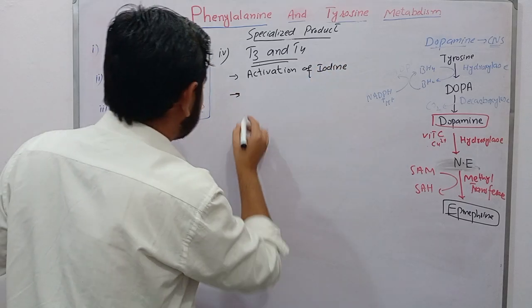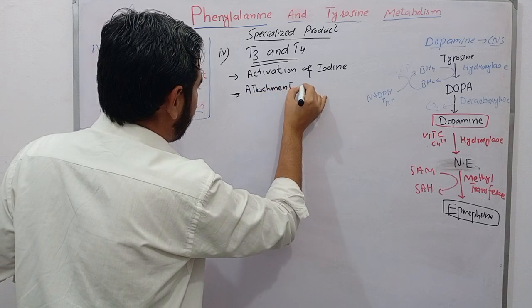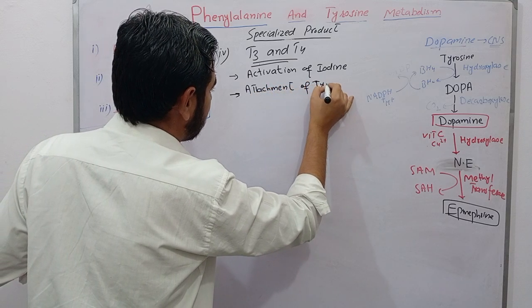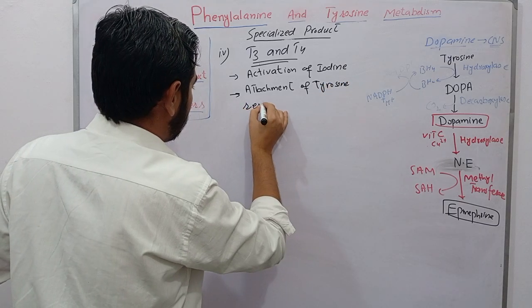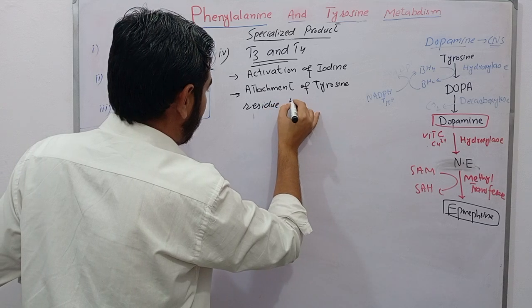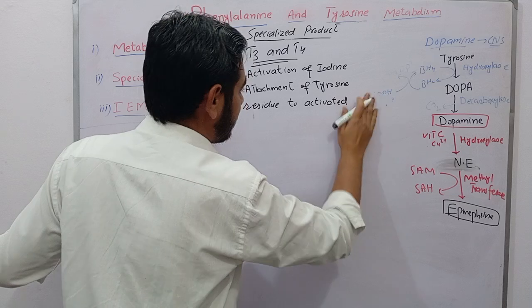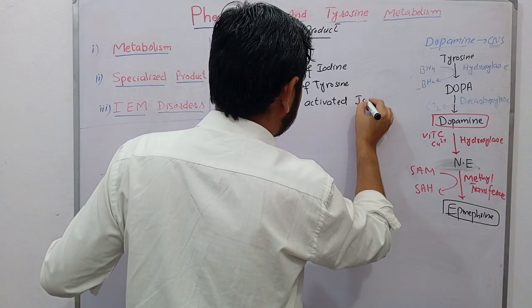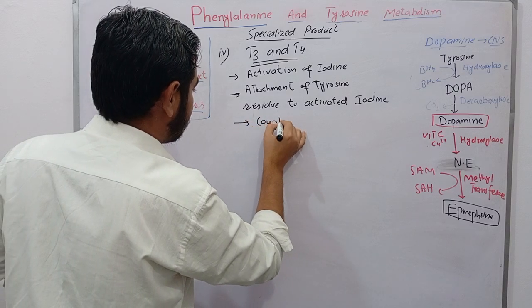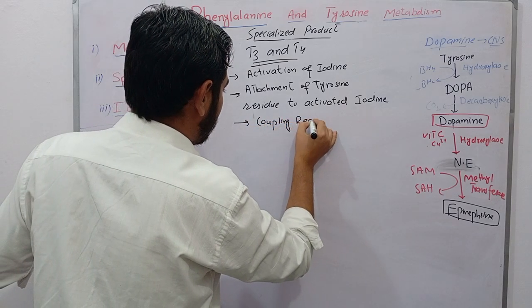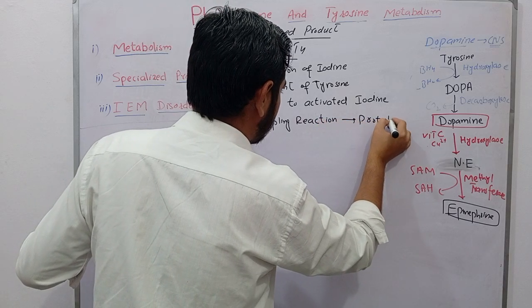The second step is attachment of tyrosine residues to activated iodine. The third one is coupling reaction, and the last one is proteolysis.